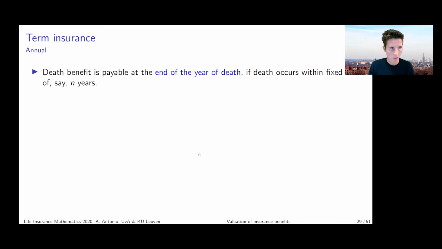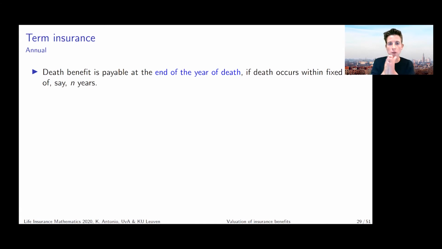Okay. I'm going to do the same thing now, but not for the continuous setting; I'm going to switch to the annual setting. So still we're looking at a term insurance product, so the period during which my benefit is payable is limited to a duration of n years. And in this case, I'm looking at an annual contract, so I'm working in discrete time.